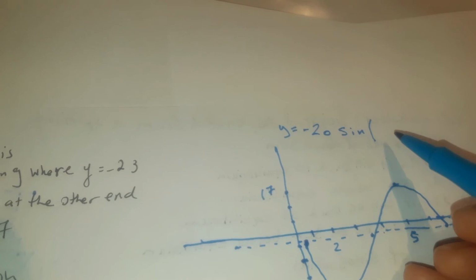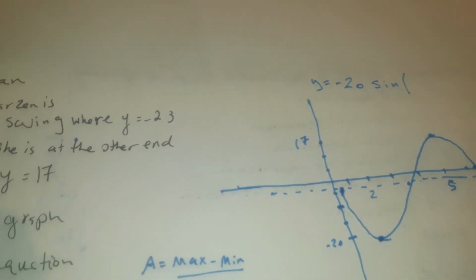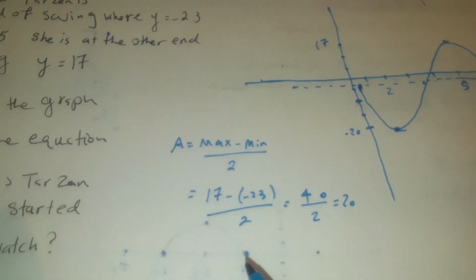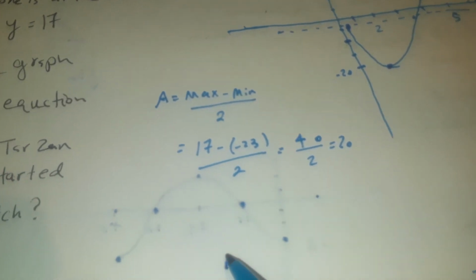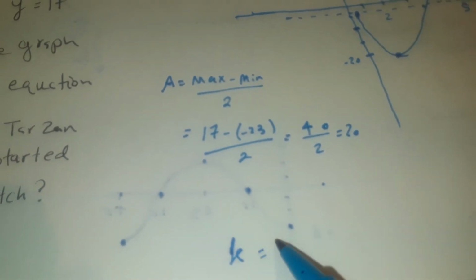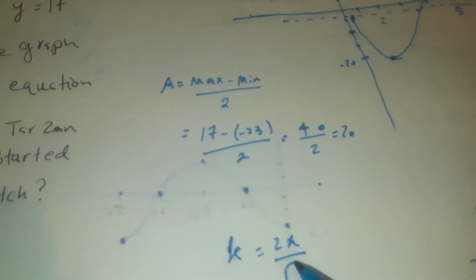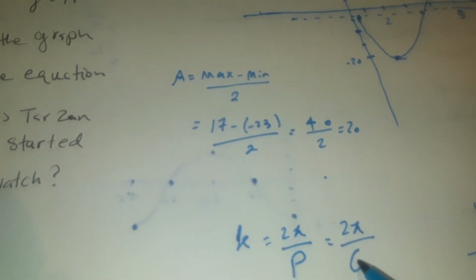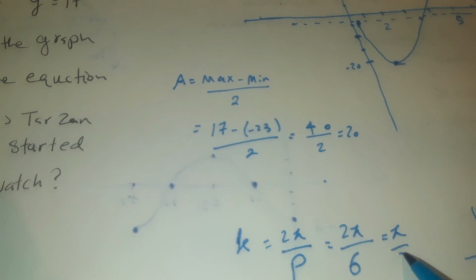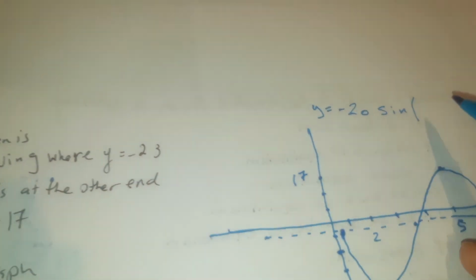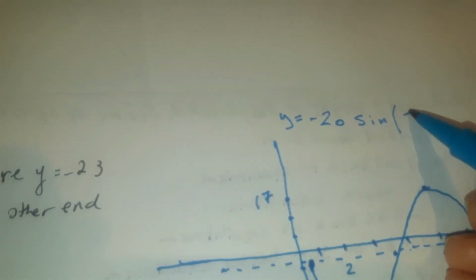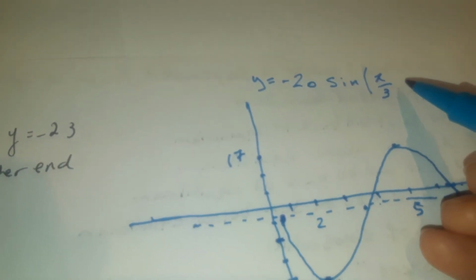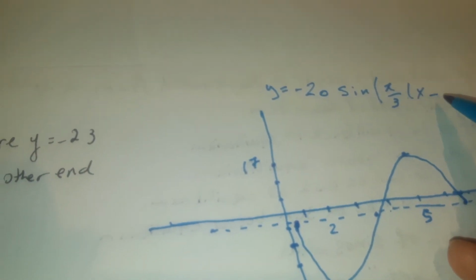sine. So for k, again, k is equal to 2 pi over period. I know my period is 6, right? So it's going to be pi over 3. So I will go here. It's going to be pi over 3 x minus d.